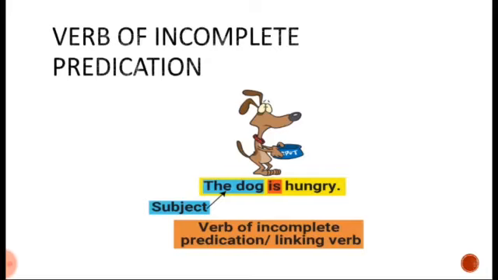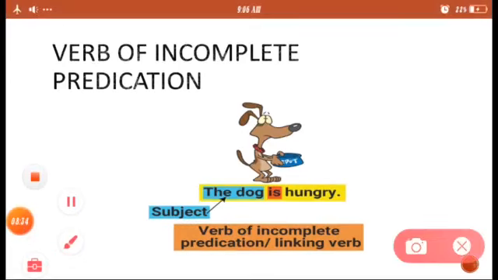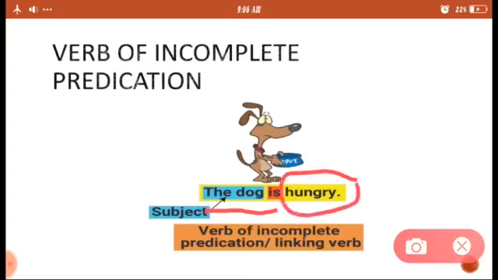So it is also a verb of incomplete predication, because if we leave out hungry, the sentence will become incomplete. Can we say dog is? If we just say dog is, the sentence is not complete. So it needs the word hungry to convey the complete sense.